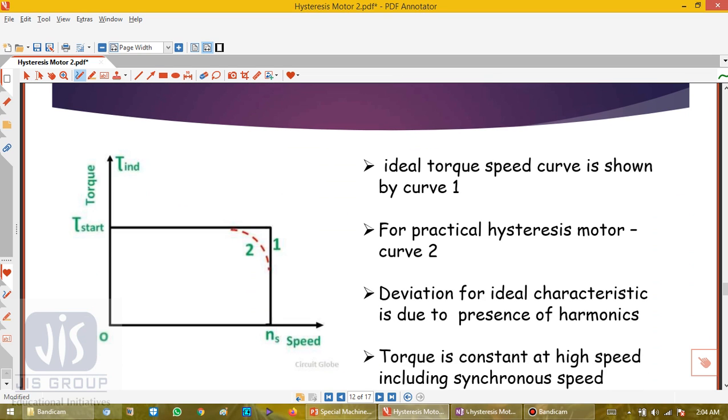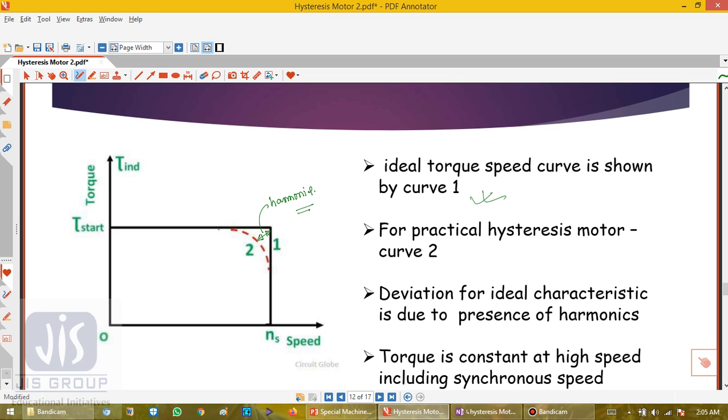And this is the torque versus speed characteristic for the hysteresis motor. So this curve 1 is the ideal curve, but the practical hysteresis curve will follow this dotted line, and the deviation from the ideal characteristics is due to the presence of harmonics.